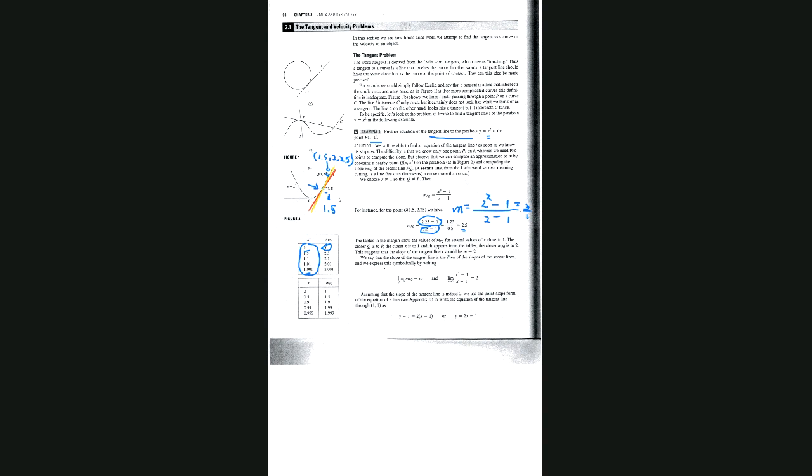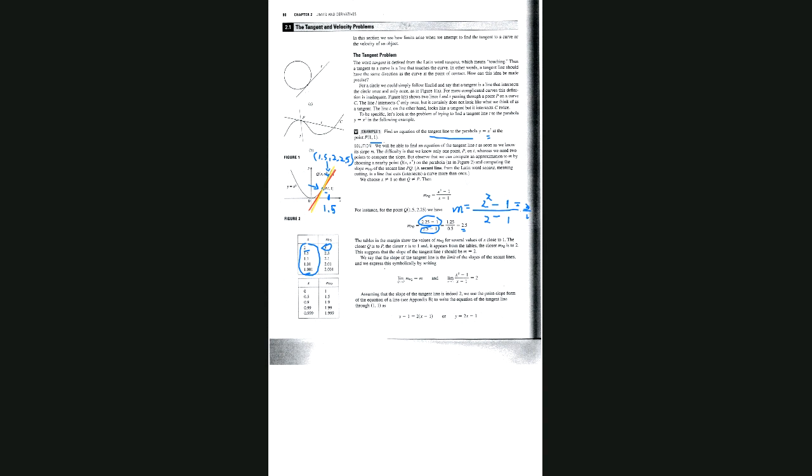If you let x be 1.001, your secant line is going to have 2 points that are very close to each other, one point being (1, 1), the other point being (1.001, 1.002001).